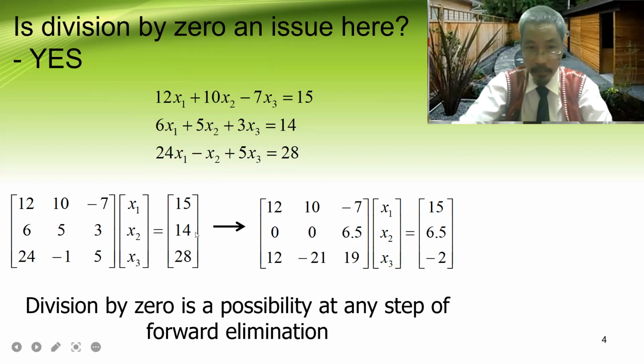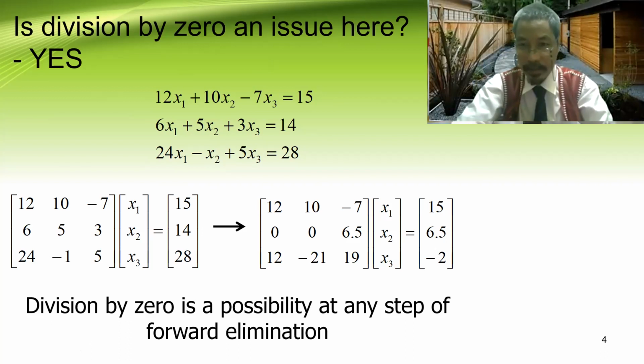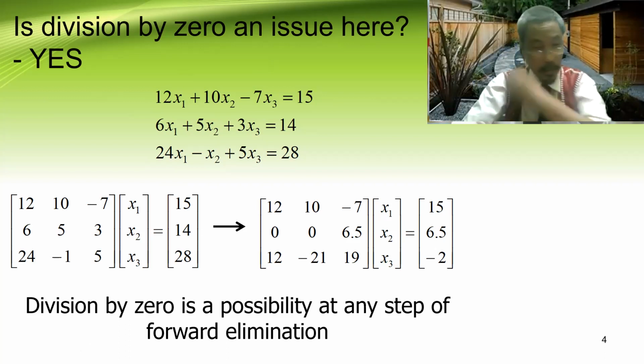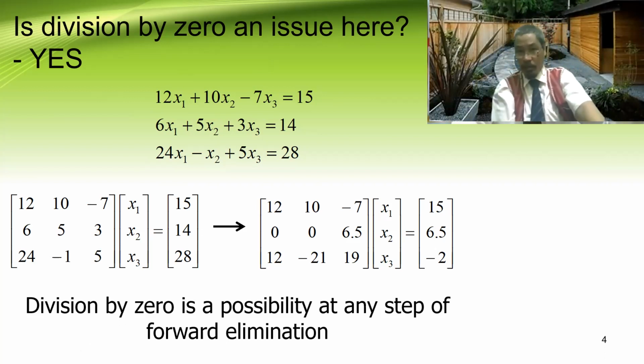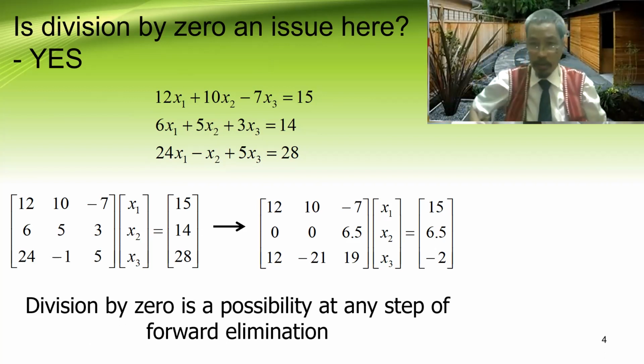Division by 0 is a possibility at any step of forward elimination, not only in the first equation. It could also be possible in other steps. So take care of dealing with division by 0, not only on the first equation.